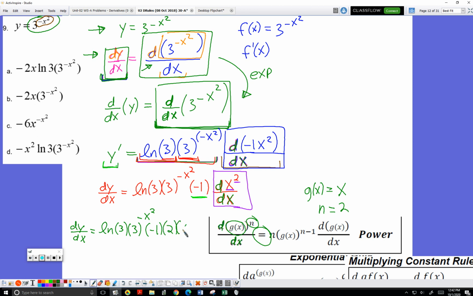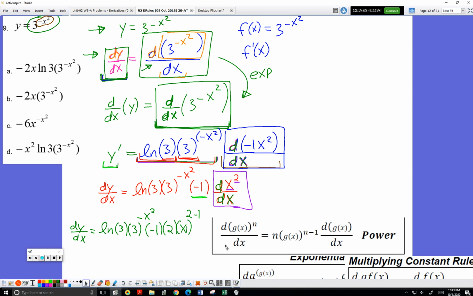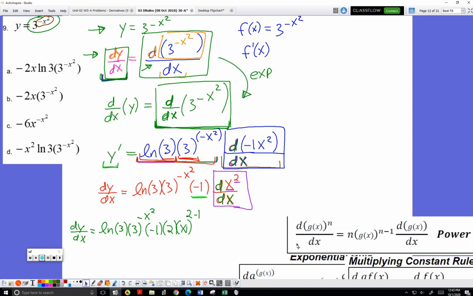G of x is x. The new exponent is 2 minus 1. Good job, Dylan. The last thing I've got to do is have a d over dx of g of x. Okay, when you get this on your paper, dx over dx, that's something divided by itself. That's 1.